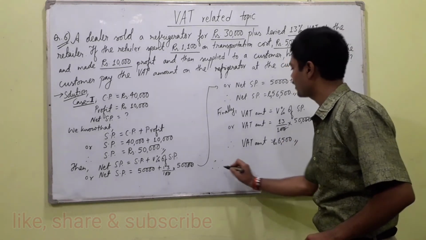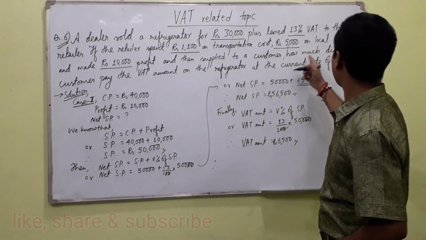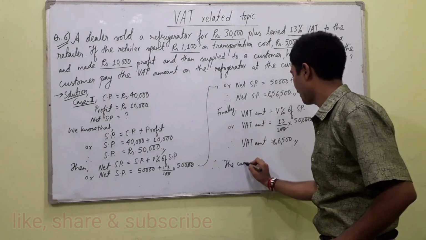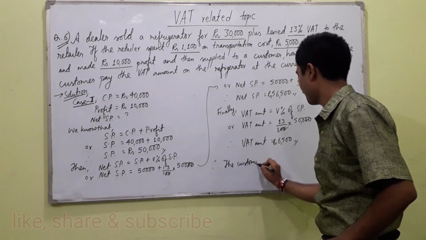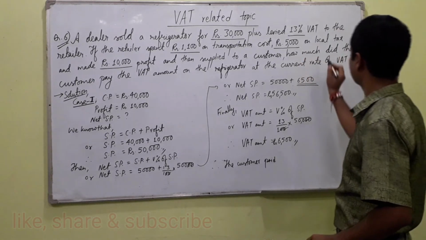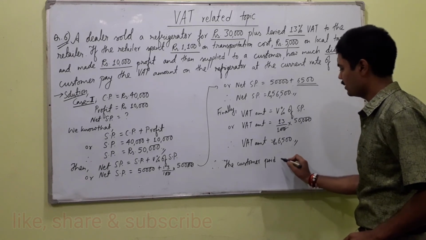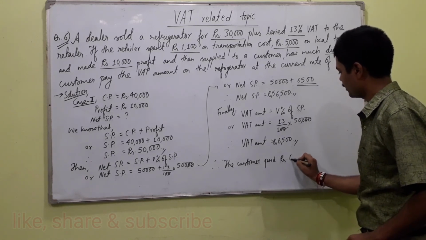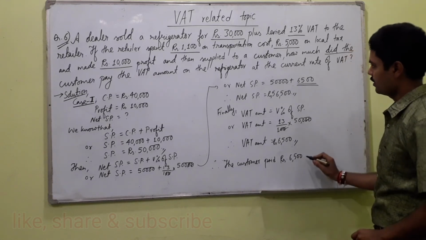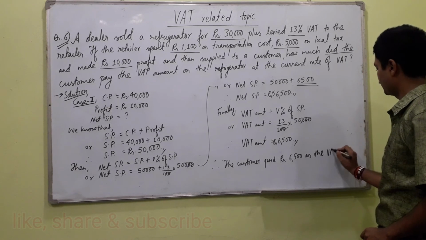And the statement you can write directly. By how much did the customer pay? The customer paid, because there is past tense 'did', so we write paid rupees 6,500 as the VAT amount.